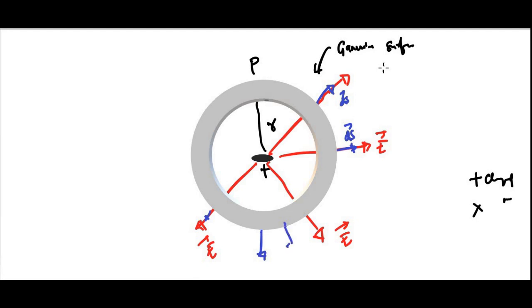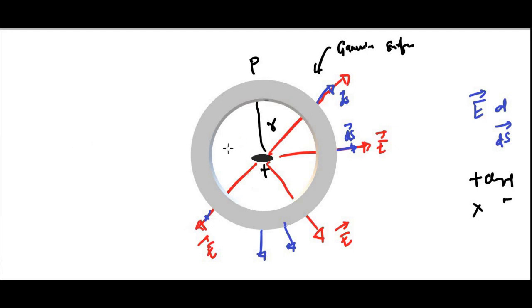So there will always be a pair, an electric field vector and an area vector, which will always be in the same direction for this cylindrical cross section.